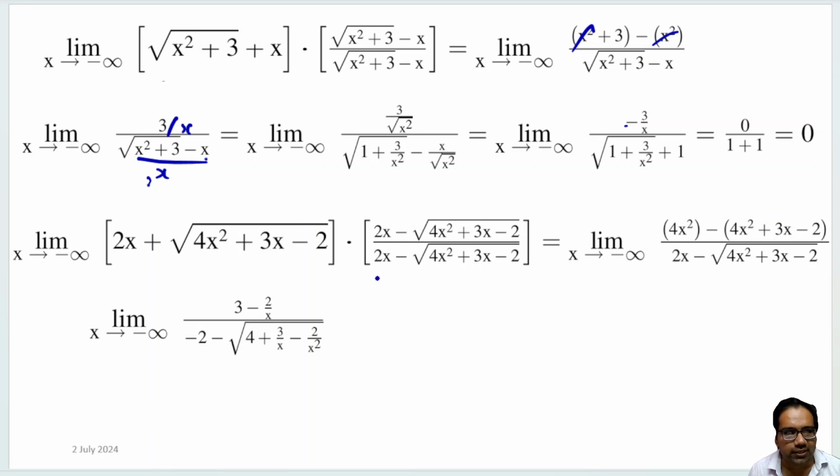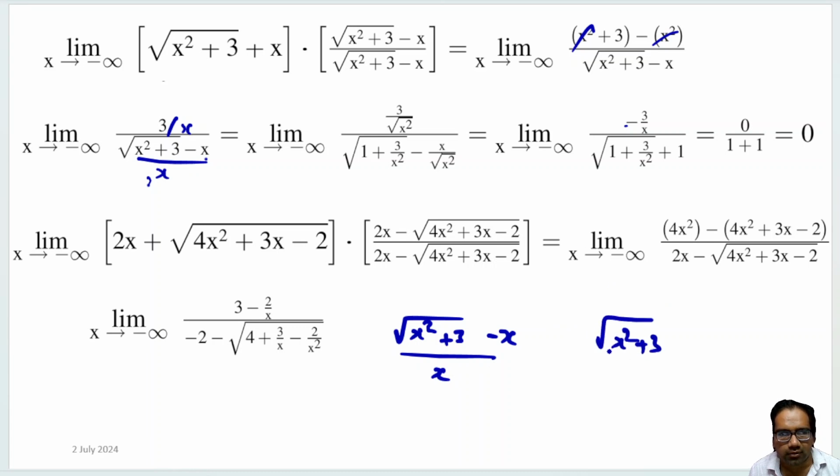What we are saying is under root x square plus 3 minus x, by x, is equal to under root x square plus 3 by under root of this x square.